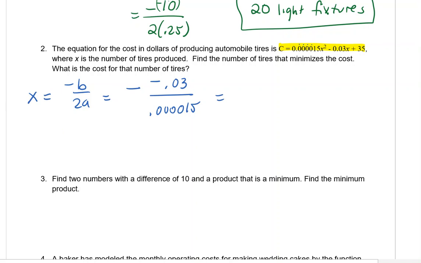And then in order to find out how much that cost is, we are going to plug it back into the function. Negative, so positive 0.03 over 0.03... so it's going to be 1,000. We're talking about 1,000 tires.